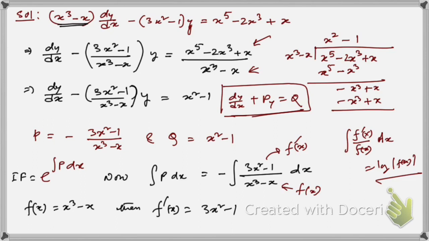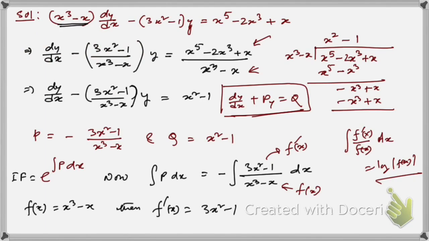Then your integrating factor will be e to the power minus, so instead of p we have... Let me complete the integration first here. So here you see, just let me do a little bit of adjustment.